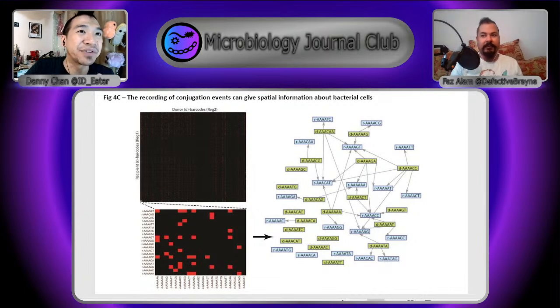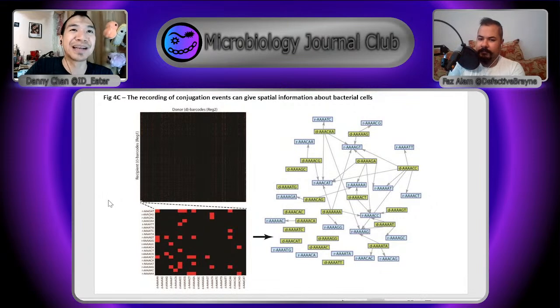They have ones labeled donor and recipient, but it doesn't matter who's donor and recipient, right? Whoever gets the plasmid with the barcode will have that barcode written into their genome.